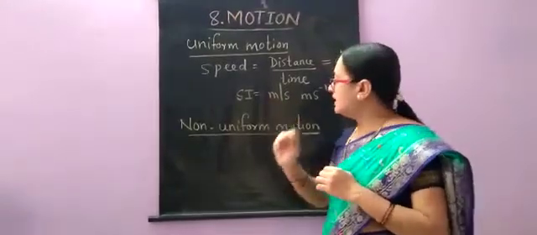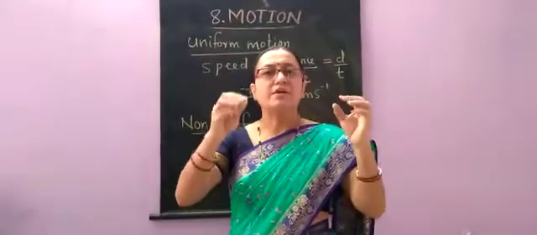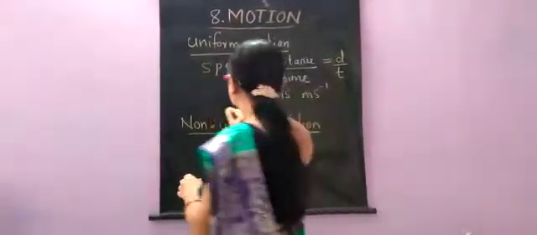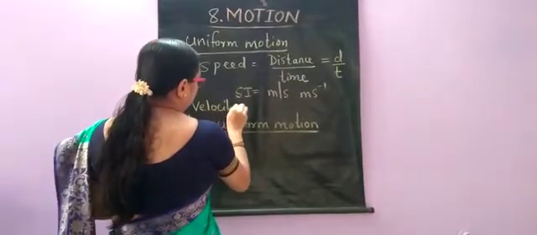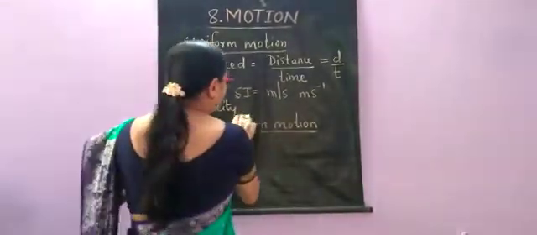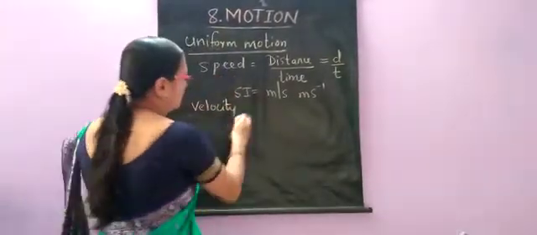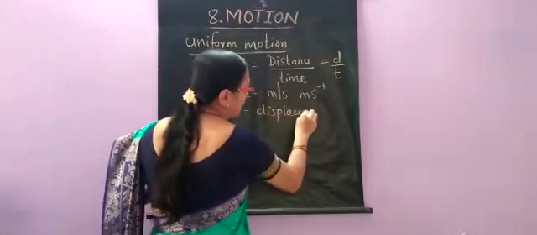There is one more way of describing an object's motion, which we call velocity. Velocity of an object is nothing but the displacement in unit time.